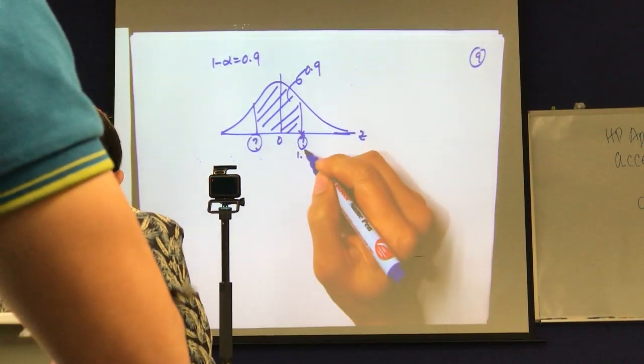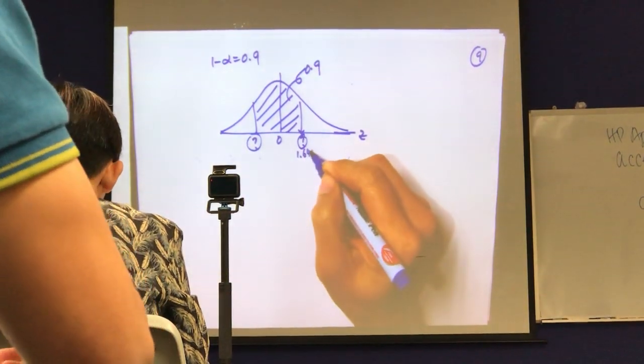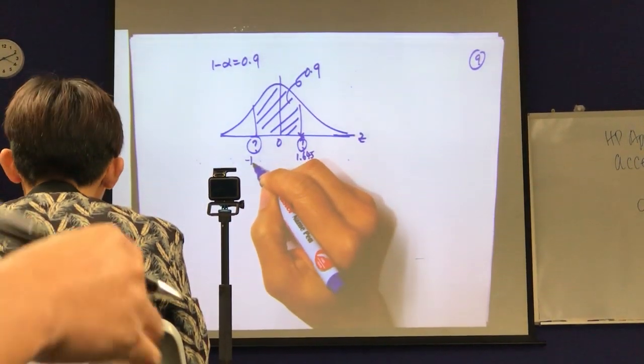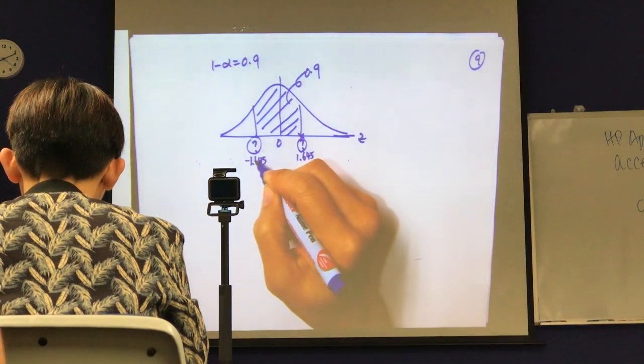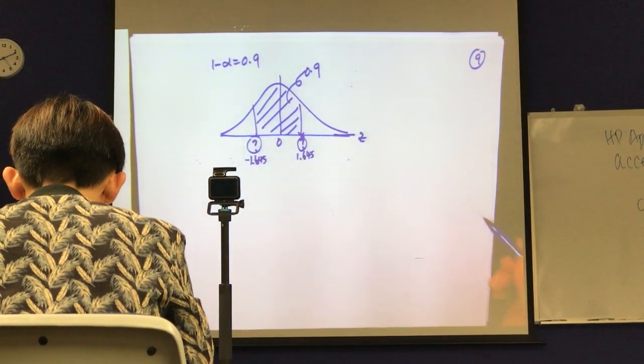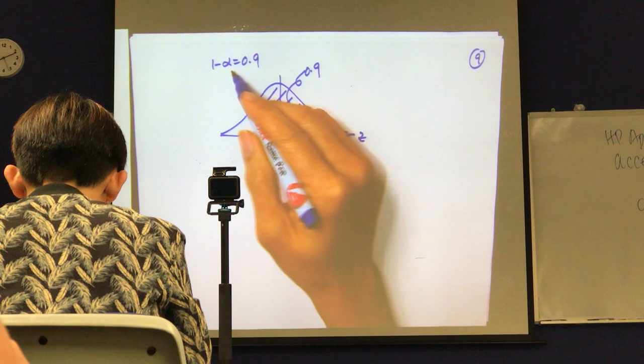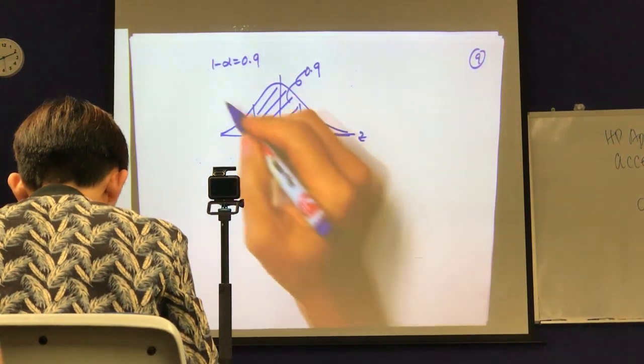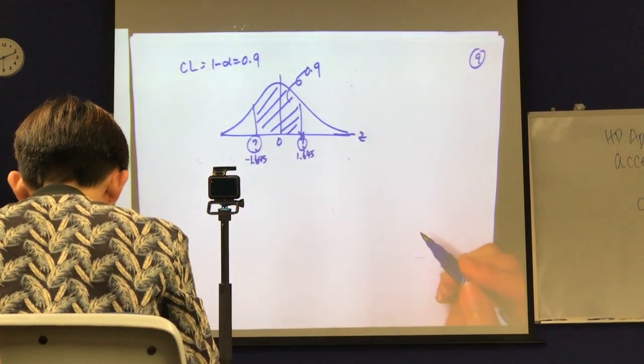Good, 1.645. So symmetrical, minus 1.645. This is the case of 1 minus alpha is 0.9, which is what we call confidence level.